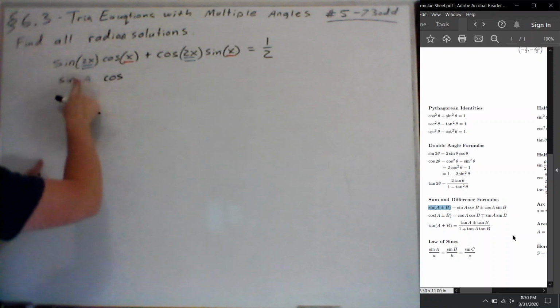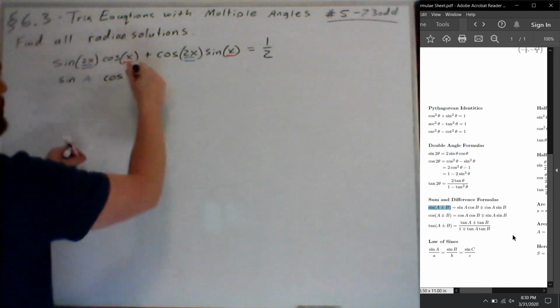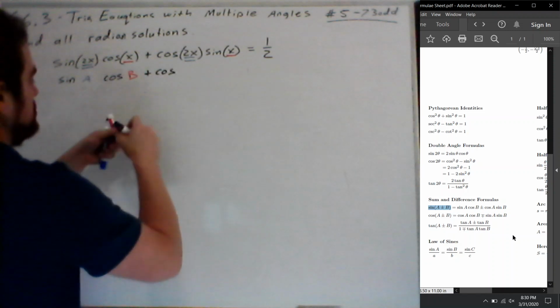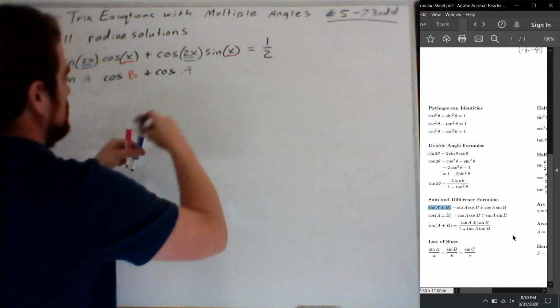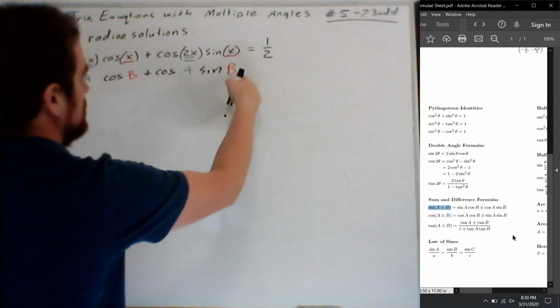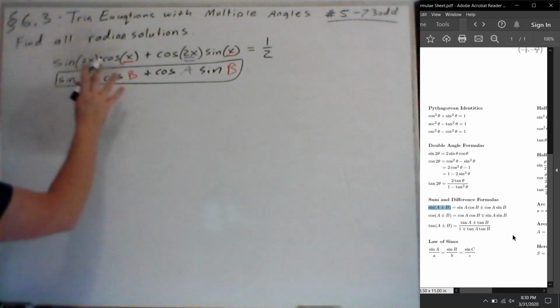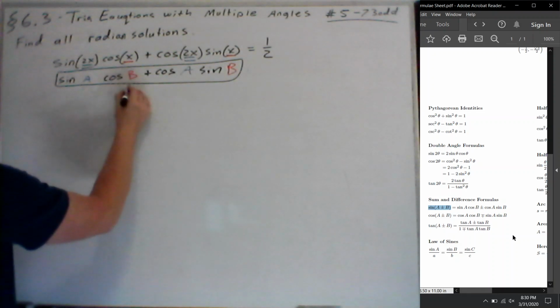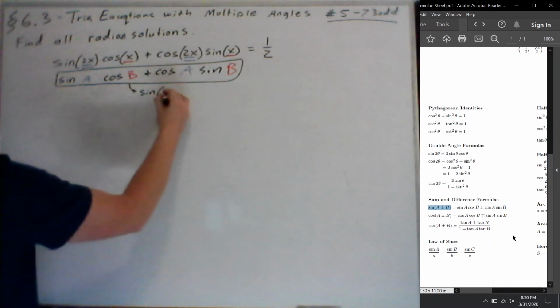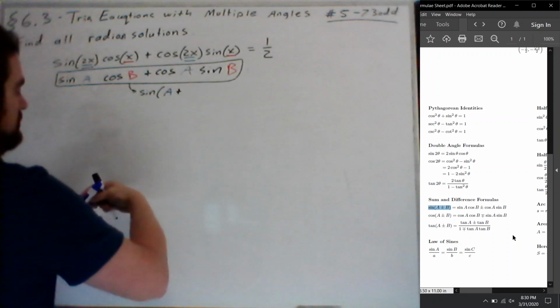Well, let's omit the parentheses here. Sine of a cosine b plus cosine a sine of b. So this is the formula that we're going for, which simply lets us rewrite this as sine of a plus b.